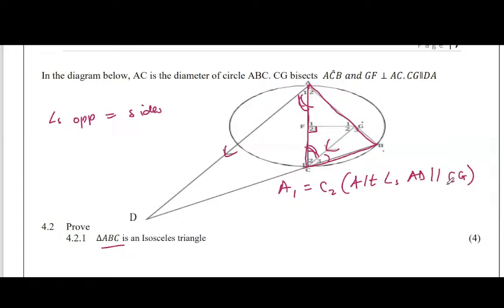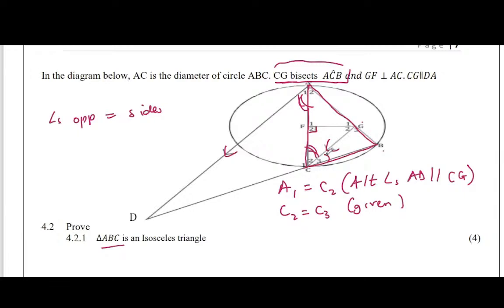Okay, but we know that C2 and C3 are the same. That was given to us in the statement where they talked about bisecting, where they said CG bisects this angle. It means those two angles are equal. So if they are bisecting, which means our A1 is the same as the C3.